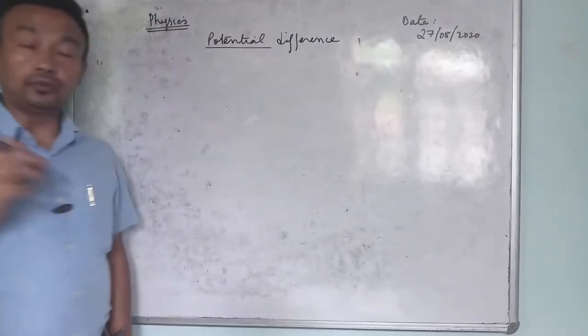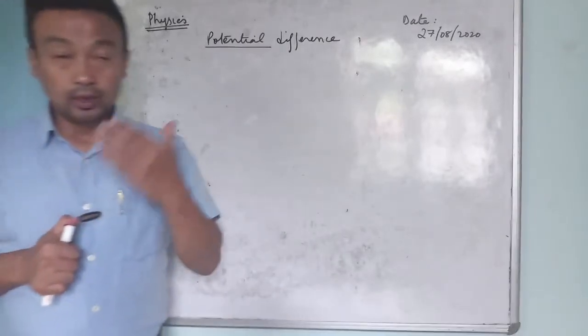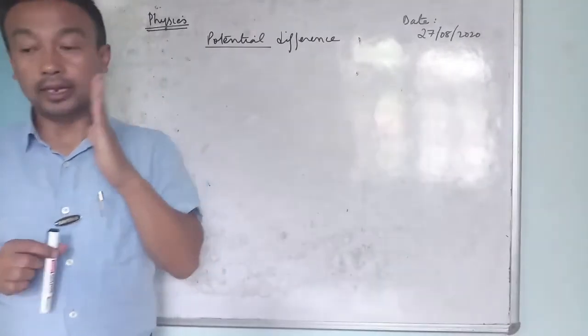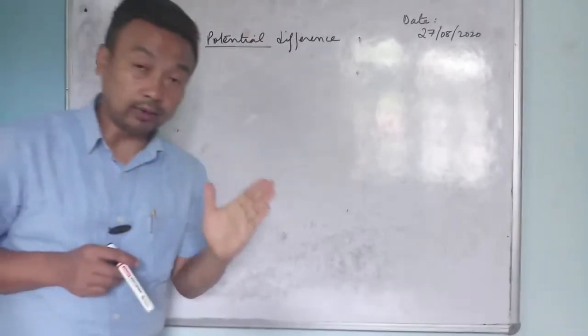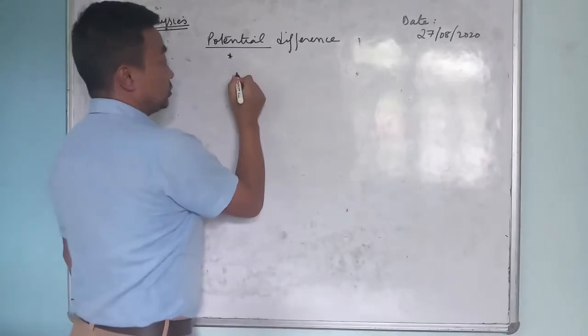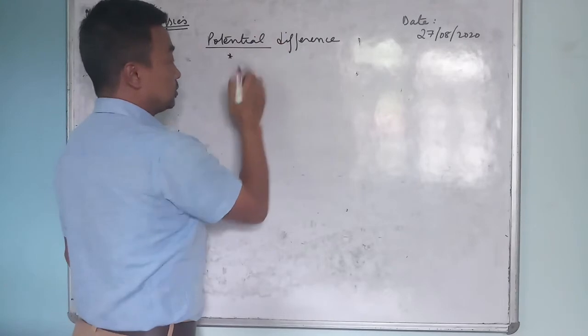Now potential difference is defined as the work done per unit charge in moving a positive test charge from one point to the other. So that is the main difference between the potential and the potential difference.